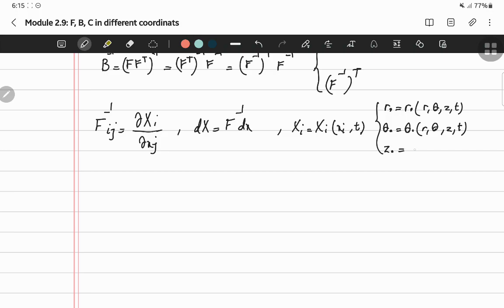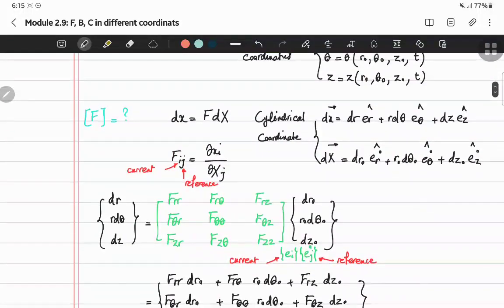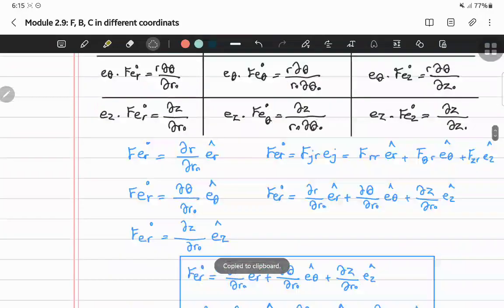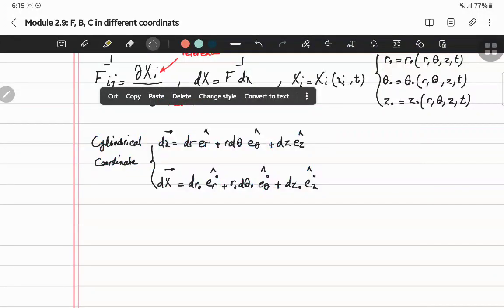And z0 was equal to z0 of r, theta, z and t. So simply it means that the first subscript refers to the reference configuration, and the second one refers to the current configuration. All right, and we also know that dX and dx follow this in cylindrical coordinates. So it's a good idea just to copy and paste this one in here. Perfect.